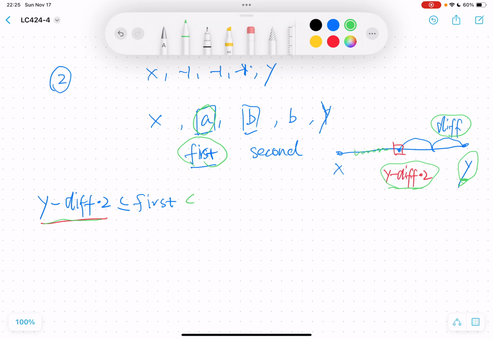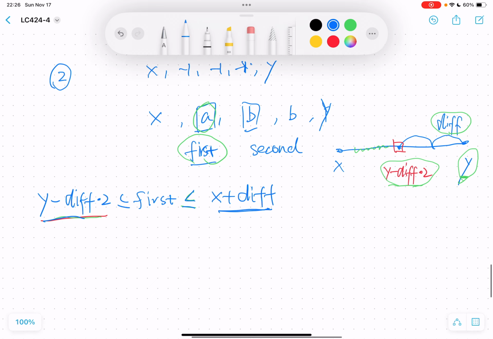In addition, the right end of the first element should be x plus diff, because if it is larger than x plus diff, the difference between x and the current value will be larger than diff, so it cannot meet the requirement. This is the range value for the first element.